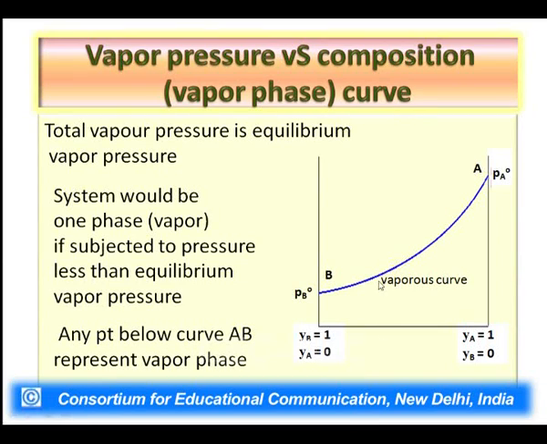So this total vapor pressure is the equilibrium vapor pressure, and that occurs only when there is an equilibrium between liquid and vapor phase. So on this curve as well, there is an equilibrium, meaning two phases are present, again the vapor phase in equilibrium with the liquid phase.